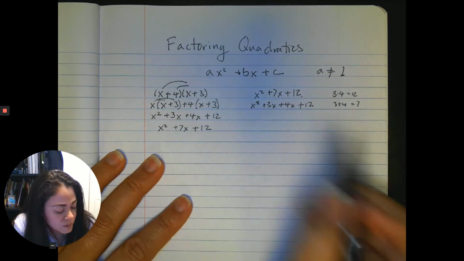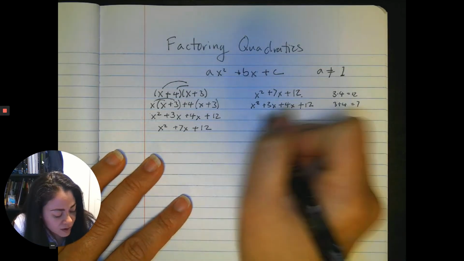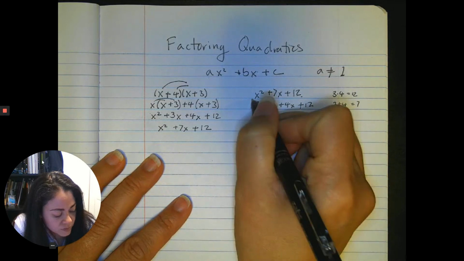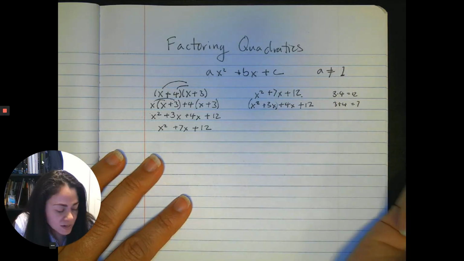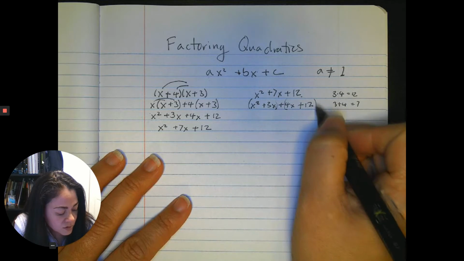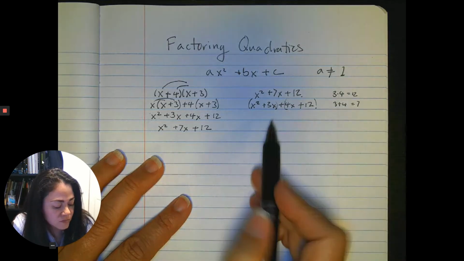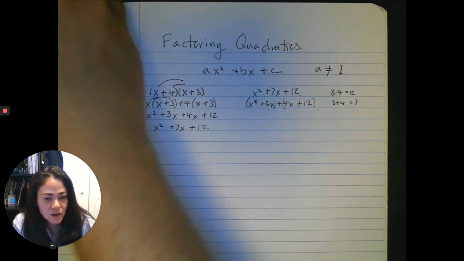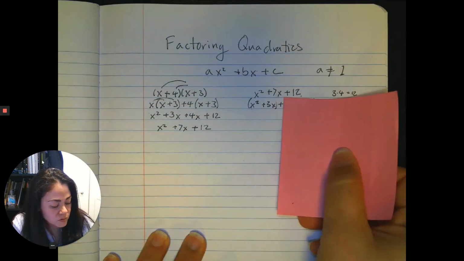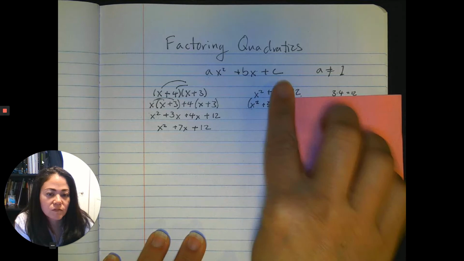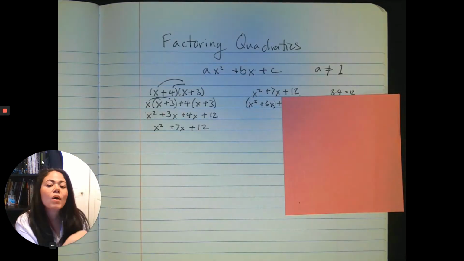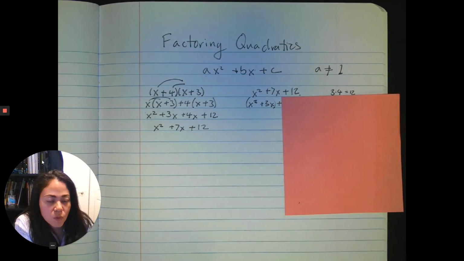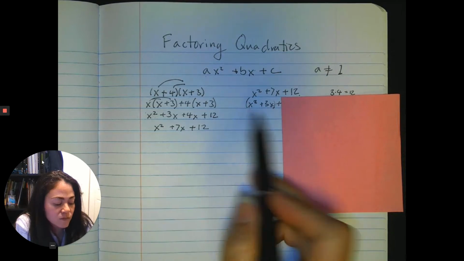Okay, now I'm going to actually just look at these two terms together, and I'm going to look at these two terms together. And if I do that, now if I just look at these first two terms, x squared plus 3x, in fact, let me go ahead and cover up those other two. If I just look at those, and I think about what monomial could I factor out of this binomial?